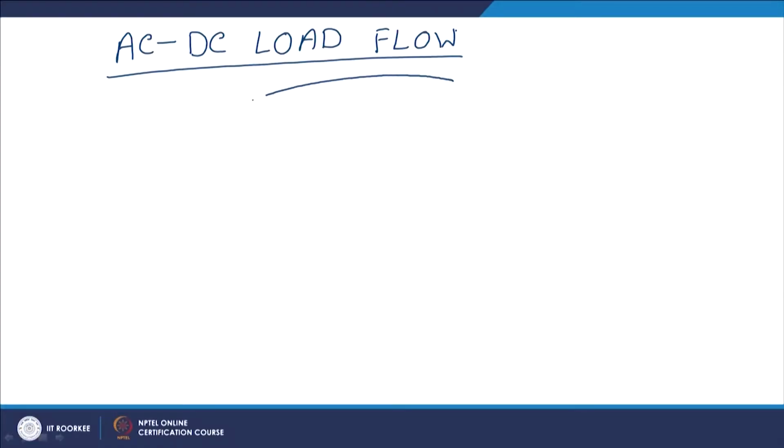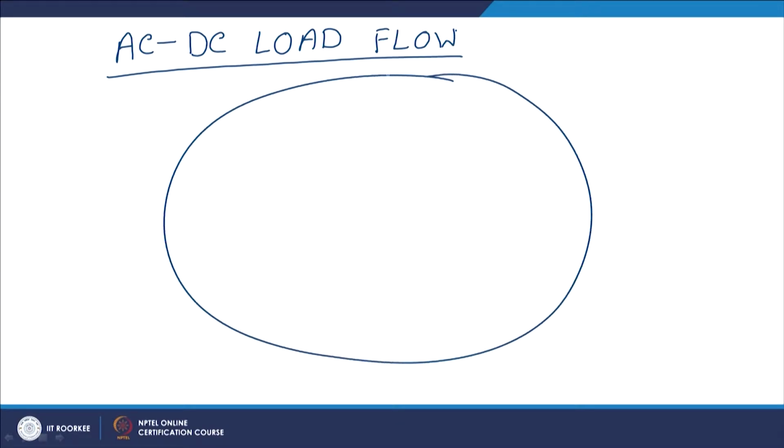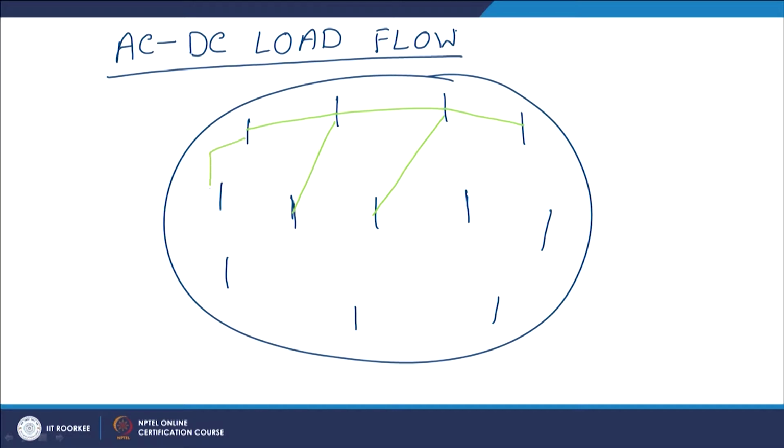Our scenario is something like this. Say we have a huge grid, and in this grid there are several buses, and these buses are interconnected with each other by lines. These green ones are all lines, interconnected in some fashion.